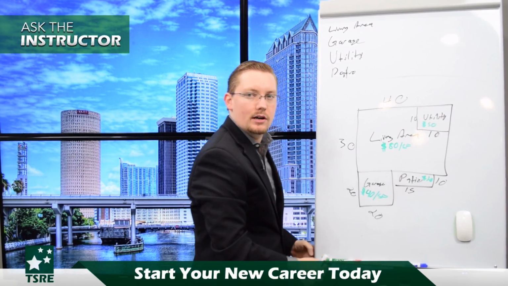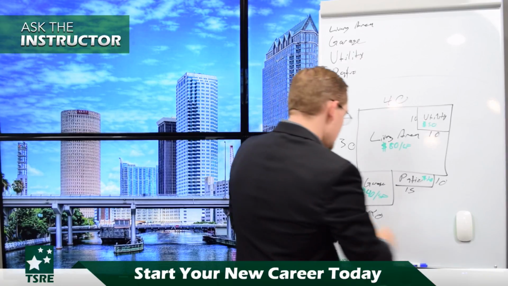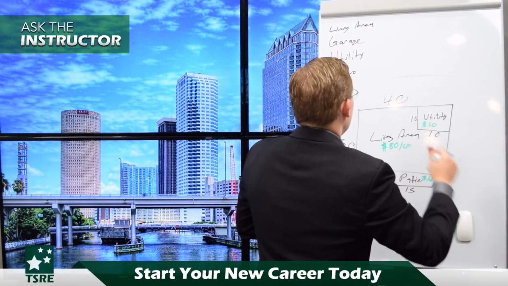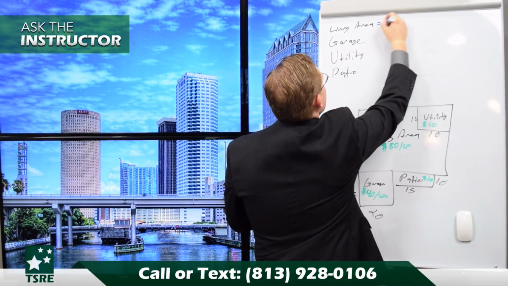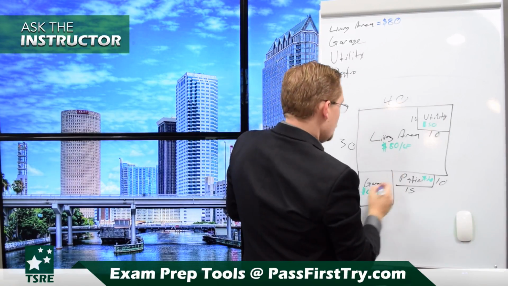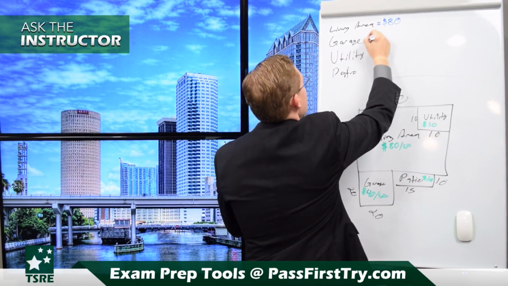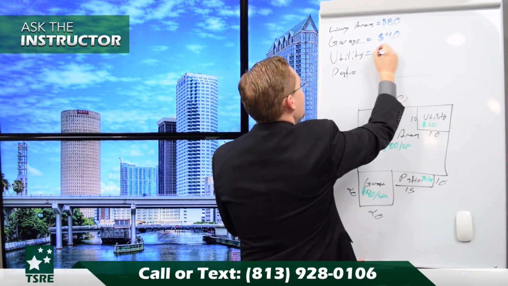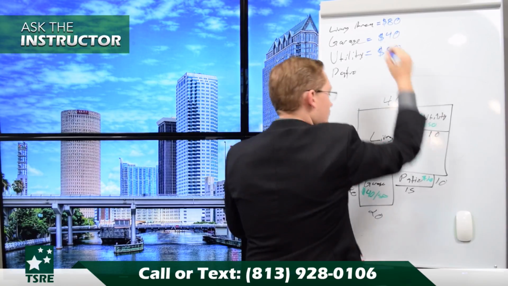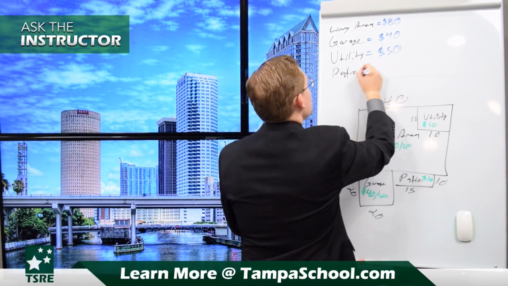So we've got these 4 different areas, and we've got our different cost for each one of these areas. Let's do this in blue so you can see it a little bit better. We've got our living area at $80 a square foot. We've got our garage at $40. We've got our utility at $50. And we've got our patio at $20.